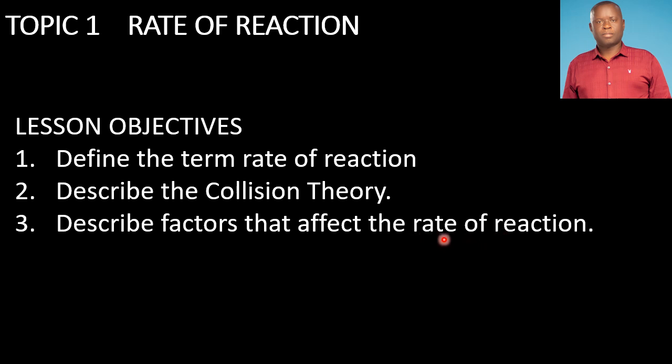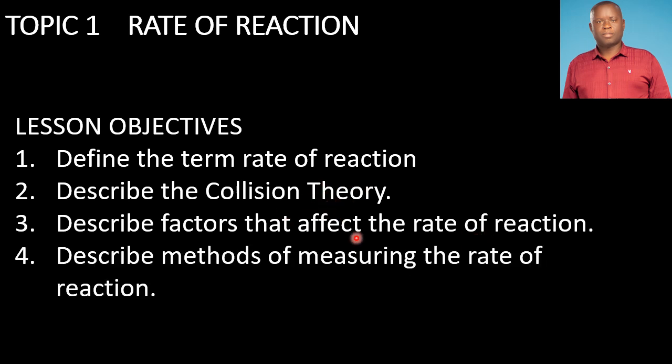Remember that a chemical reaction is also called a chemical change. So in this topic, we're going to look at how fast chemical reactions take place, and also the factors that affect the rate of chemical reactions, how fast chemical reactions occur.